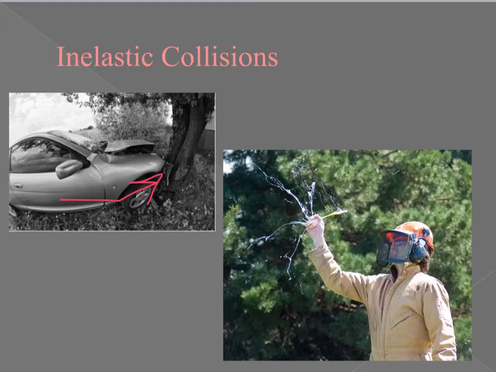However, the tree is missing chunks, pieces have fallen out of it, and the car is now bent out of shape. It's not in its normal shape. So inelastic collisions, things change shape, but they don't stick together.